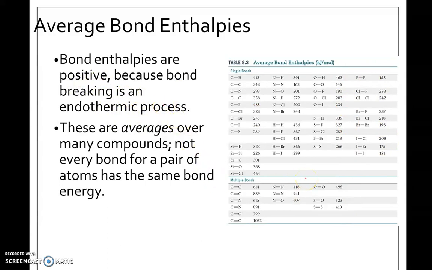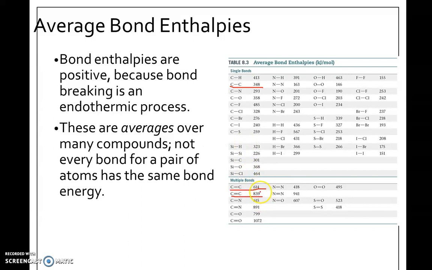And we'll learn how to calculate and predict reactions based on the bond enthalpy in chapters 5 and a little bit in 19. But in general, let's look at, where's carbon? Carbon and carbon. So you can see that the bond energy of a single bond between two carbons is 348.